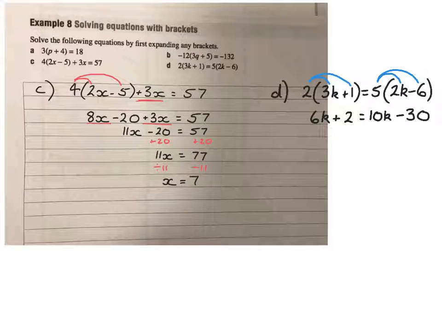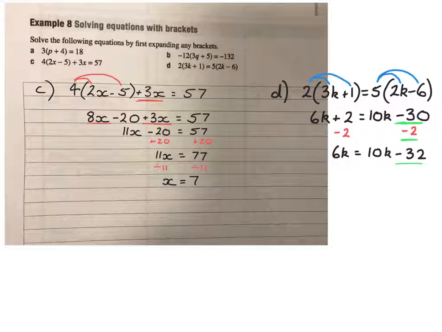So hopefully you can remember we're trying to get our pronumerals onto one side and our numbers onto the other. So what I'm going to do is I'm going to take 2 away from this side, which means I have to take 2 away from this side. So then I have 6k equal to 10k minus 32. Keep in mind that when we've got negative 30 and take away another 2, that's how we get to negative 32.